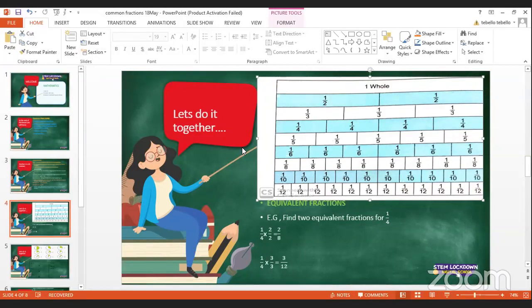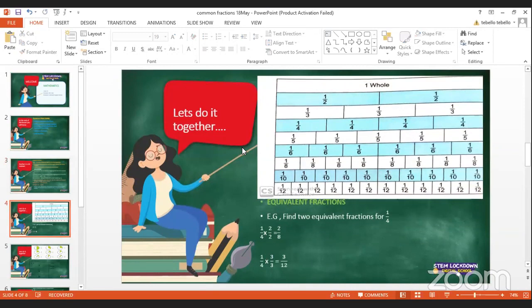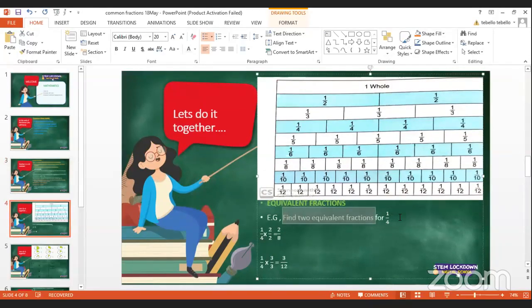Okay, so now let's do this example. This example says find two equivalent fractions for 1 over 4. So we must find the equivalent fractions for 1 over 4. What did we say about this? Okay, let's highlight this.